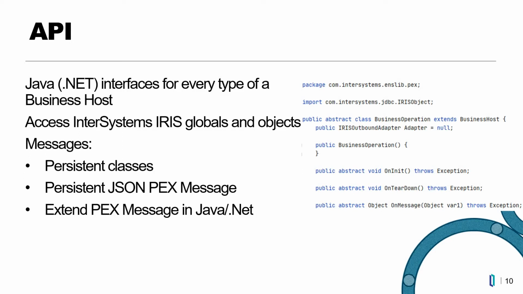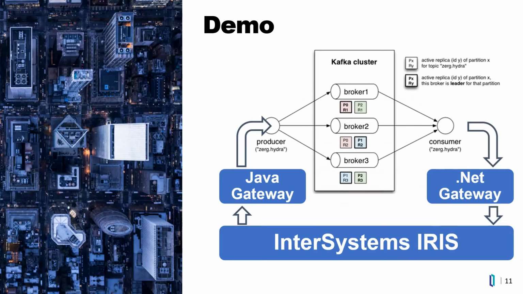As for messages, PEX hosts receive and return usual persistent messages. Additionally, they can work with a special persistent JSON PEX message, and they can also extend it in Java and .NET to add additional functionality. Let's see how it works.